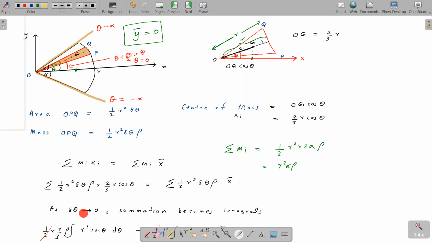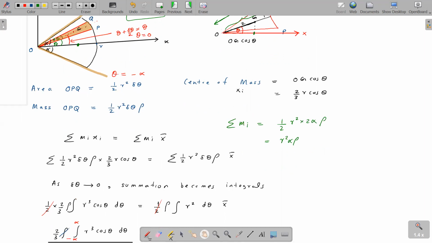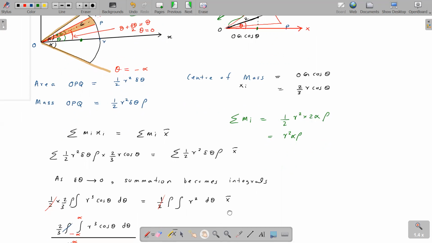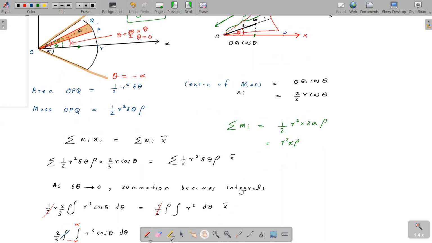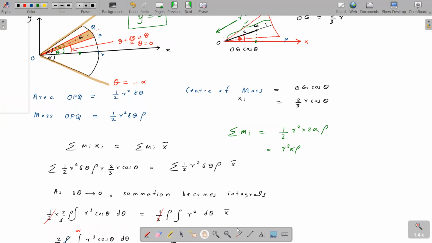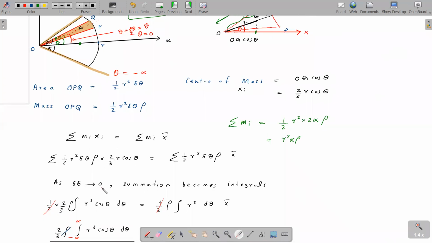As delta theta goes to 0, the summation becomes an integral. This is exactly what we've done before, and now we turn the summation into an integral. By the way, what are our limits? You can see that in the integration, delta theta becomes d theta.